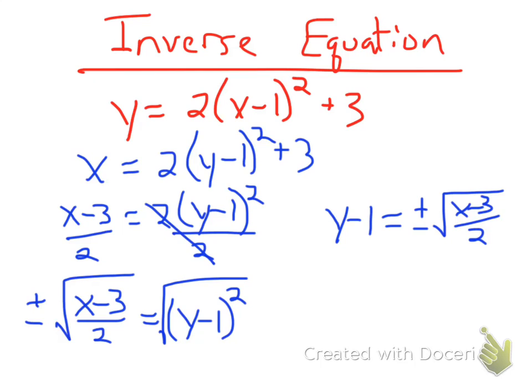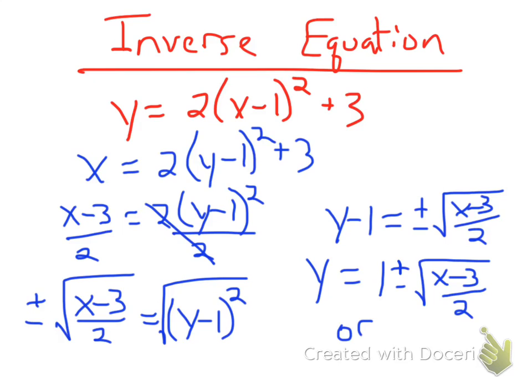Now I'm adding 1 to both sides to get rid of the 1 by the y. I'm going to get y equals, and you can write this in 2 different ways: 1 plus or minus, it's a positive 1 because I added 1 to both sides, the square root of x minus 3 over 2, or you could see it written as the square root of x minus 3 over 2, plus or minus, and then the positive 1 over here.